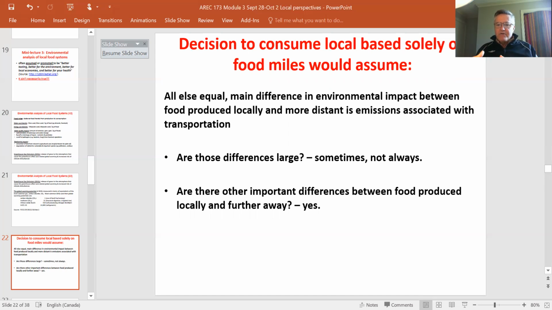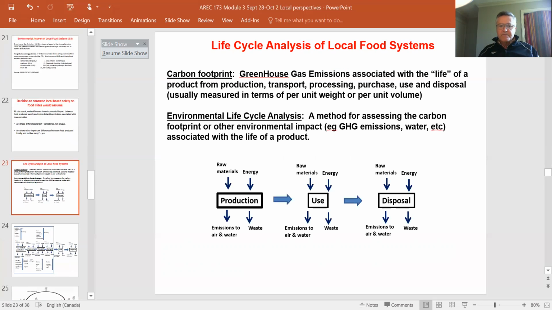If the main environmental impact of food production was its transportation, then we would be doing the right thing to focus on food miles. But there are lots of other meaningful differences in environmental effects like biodiversity, water quantity, water quality, energy, and greenhouse gas emissions between food produced in different places. So if you want to make a good decision, you should consider all of those different factors.